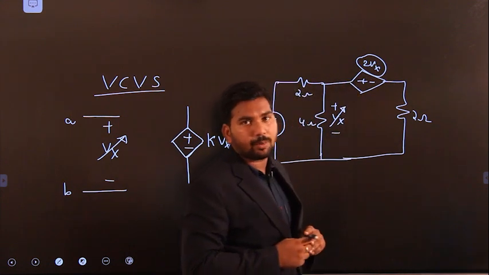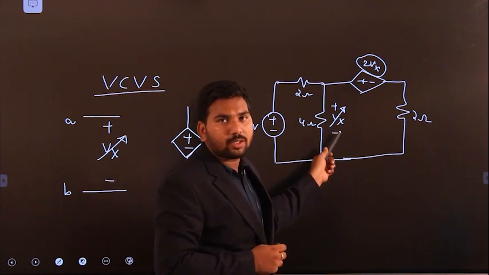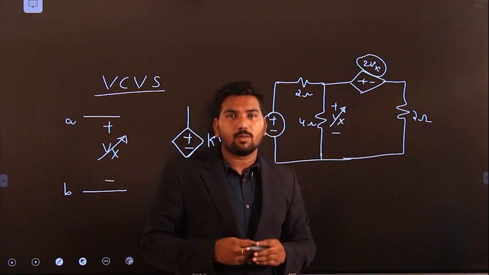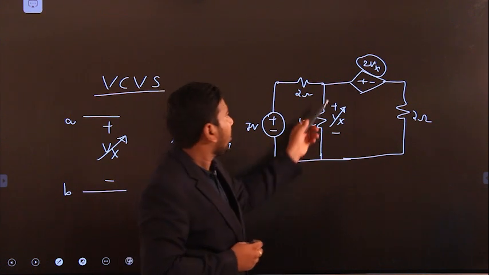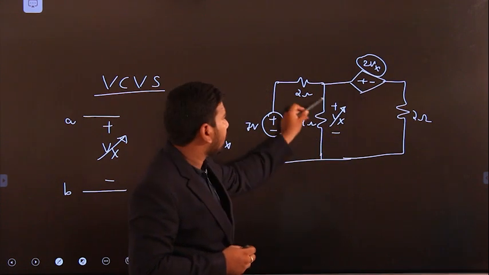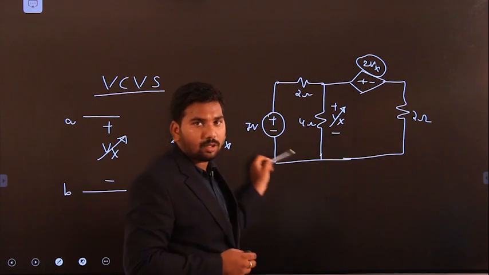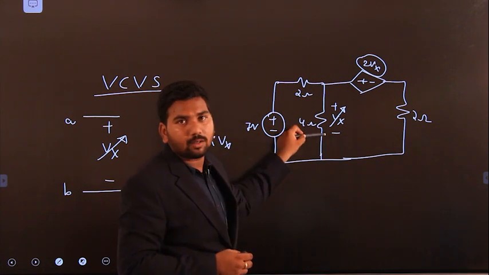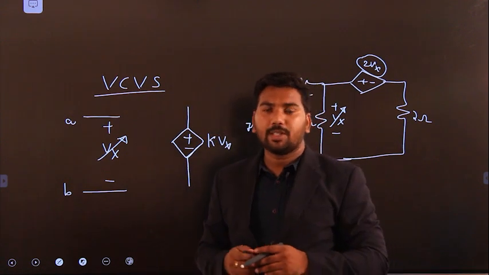That means this voltage value depends on some other voltage. That is called voltage controlled voltage source. The meaning of voltage controlled voltage source is that the voltage of the source depends on some other voltage. That other voltage will be present in the circuit. Somewhere that voltage will be defined. This is a dependent source.